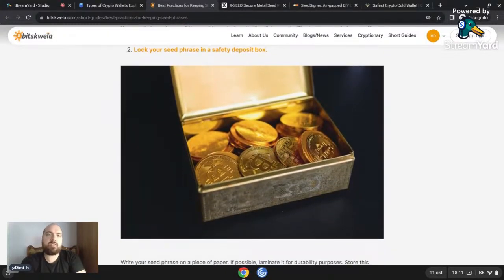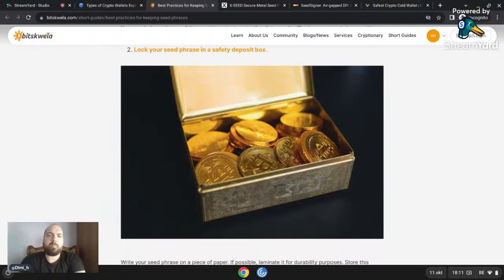Second, they say lock your seed phrase in a safety deposit box. With this, they want to say you want to keep your seed phrase secure somewhere that no one else has immediate access to. It implies that you need to write it down on a piece of paper or onto something, and that needs to be safeguarded somewhere safe where only you have access.